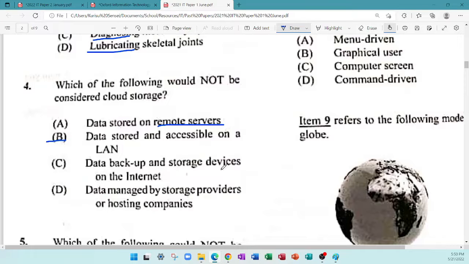Backing up data and storing data on the internet is cloud storage. And data managed by storage providers or hosting companies, because these companies are the ones managing the cloud storage. But LAN is something that is physically near to us, so that's not cloud storage.